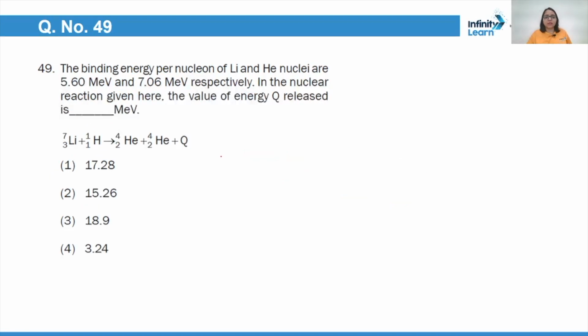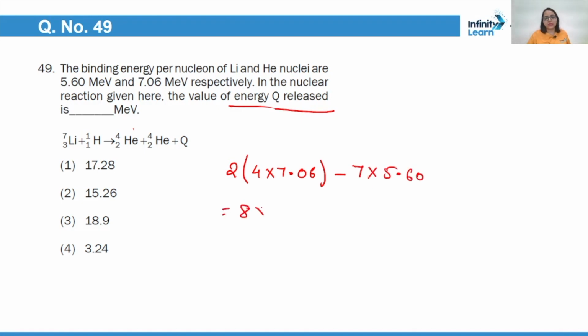Question number 49. The binding energy per nucleon of Li and He nuclei are this and this respectively. In the nuclear reaction given here, the value of energy Q released in mega electron volt is. So over here, it will be 2 times, for He it is 4 into 7.06, minus for lithium it is 7 times 5.60.